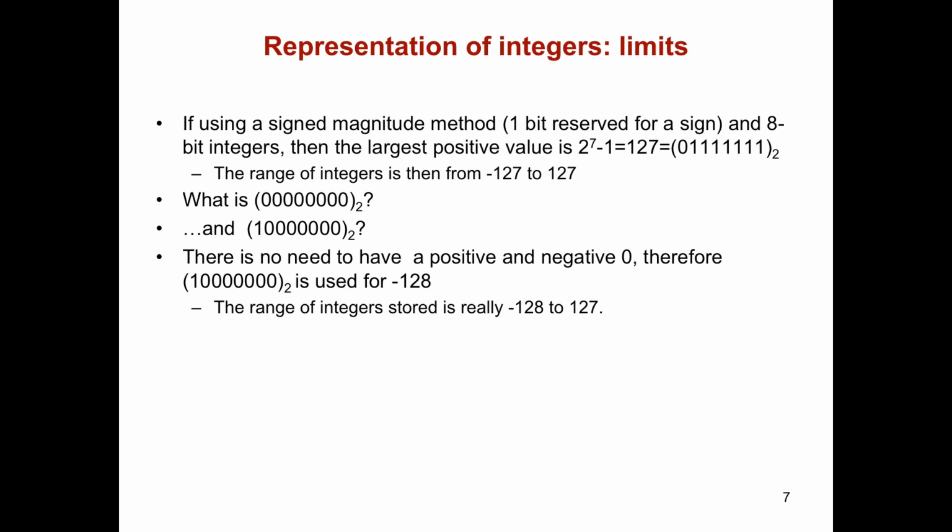I can do the same calculation for all the other types of integers: 16-bit, 32-bit, or so-called long integer, which spends 8 bytes. If I had an unsigned 8-bit integer, then I wouldn't use this spot for a sign, but I have to know that the numbers are only positive. Then I'm representing things from 0 to 255, because 255 is 2 to the 8, which is 256, minus 1.